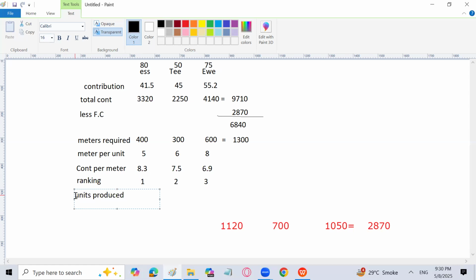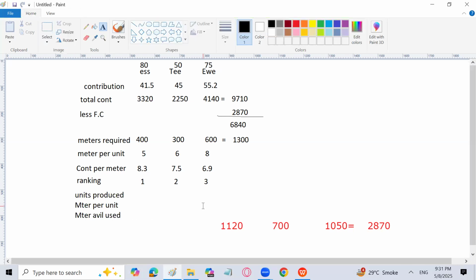Here I will write the meter per unit, and then the meters available or used, basically consumed.